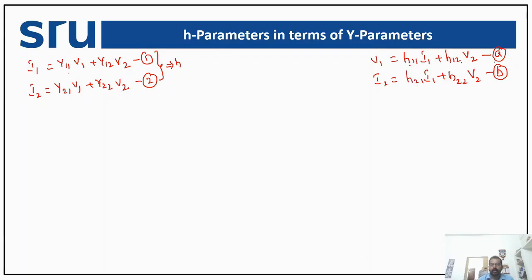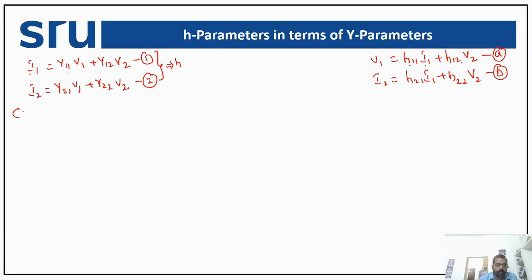So we can convert one of the equations 1 and 2 in terms of A. Which do we need to take? If you observe here, the current term we have is I1. So we need to convert the first equation and rewrite it in terms of A equation.